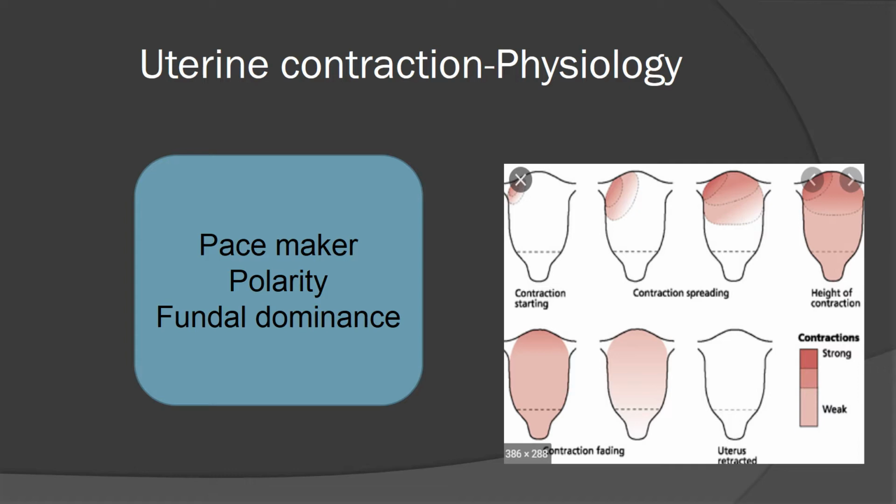This is what is meant by polarity. And of course, like I have already told you, there is fundal dominance of the uterine contraction, which means the contraction is the strongest at the fundus.